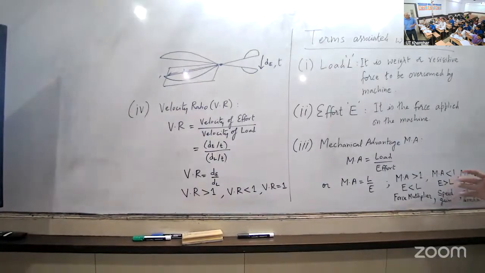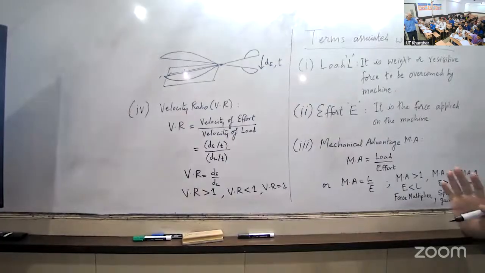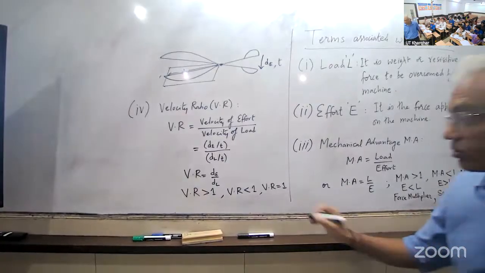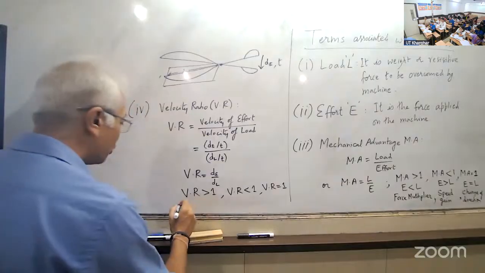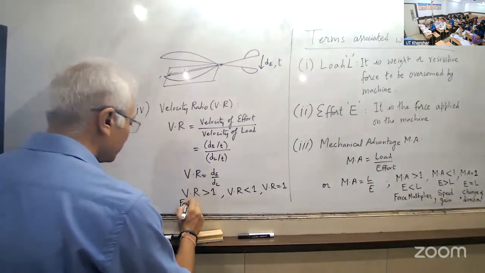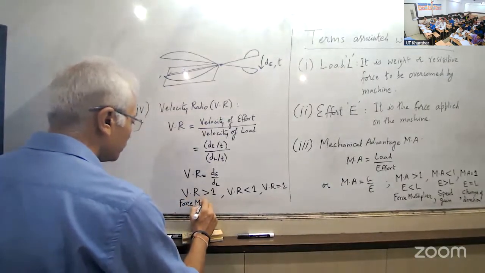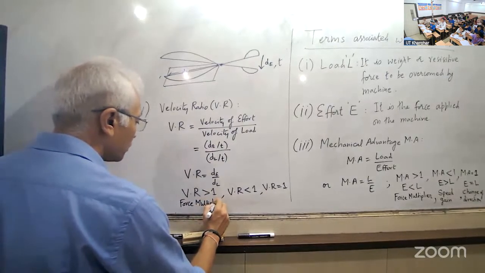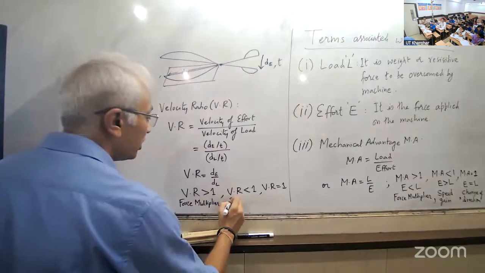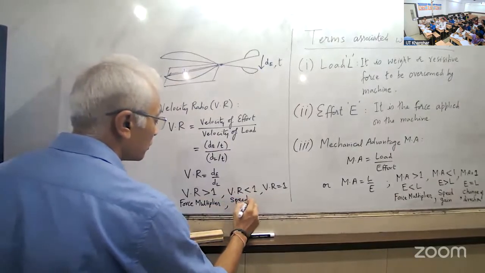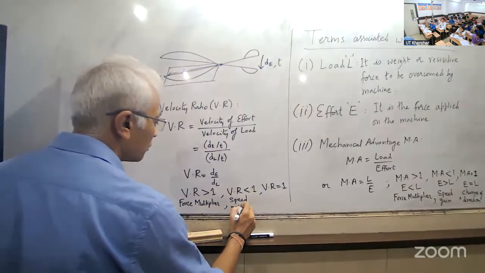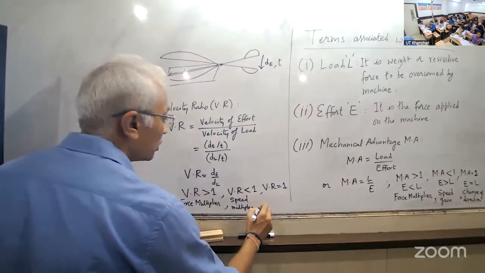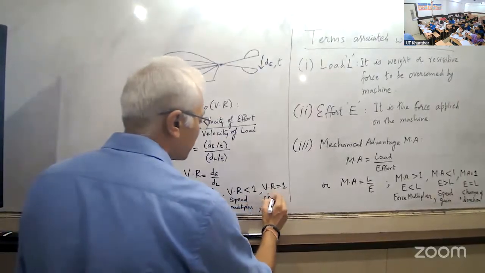So MA value and VR value give you the same type of machine. These are just two different parameters. So this is a force multiplier, this is a speed multiplier, and this will provide change of direction.